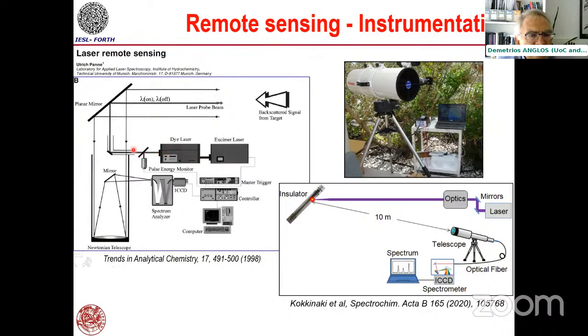So we can, through appropriate optics, telescopic optics, shoot the beam over to the atmosphere and then collect the backscattered light. So through the telescope, we collect the backscattered light. It goes into a spectrometer and detector.